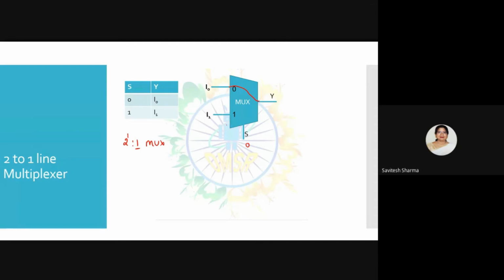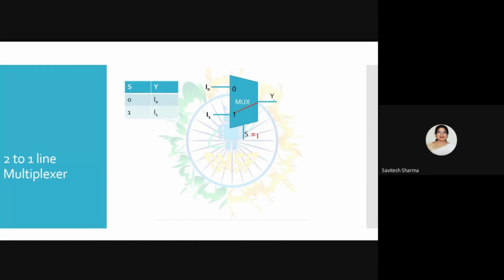Whatever information is at this point will go to y. You see that I1 is disconnected from y. Second case, if S is 1, now I1 can use this channel and it will appear at the output y.